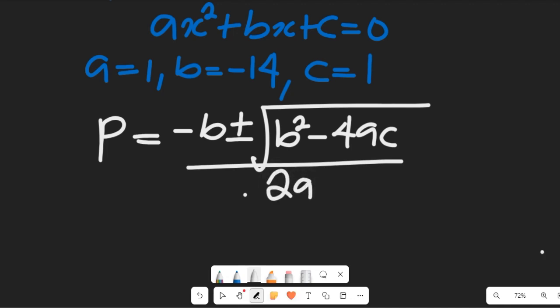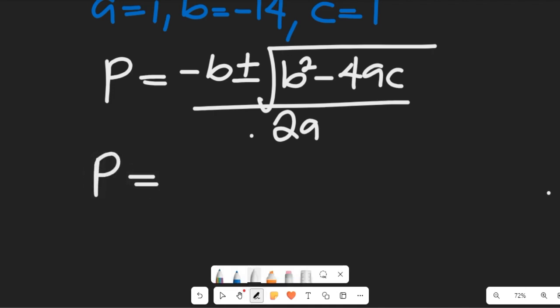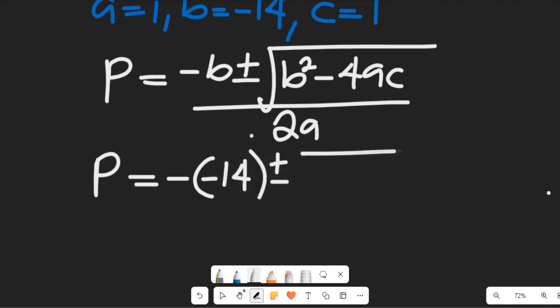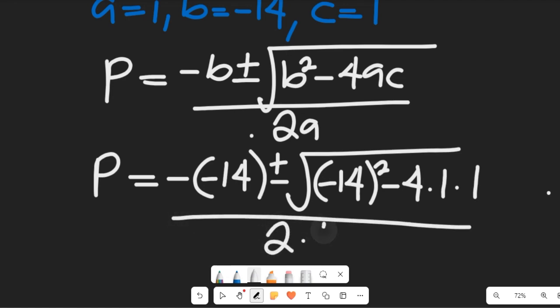So if we simplify that by inserting the variables, we are going to have p equal to negative multiplied by negative 14 plus or minus the square root of negative 14 squared minus 4 multiplying 1 multiplying 1, and all of these divided by 2 multiplying 1.